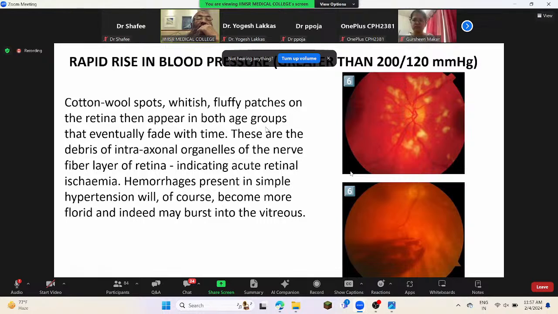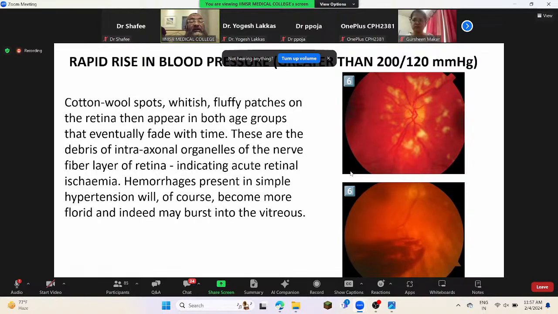When the rise in blood pressure is rapid, greater than 200 to 120 millimeters of mercury, what we see is cotton wool spots, which are whitish fluffy patches on the retina. They start appearing in both age groups and they do eventually fade out with time.